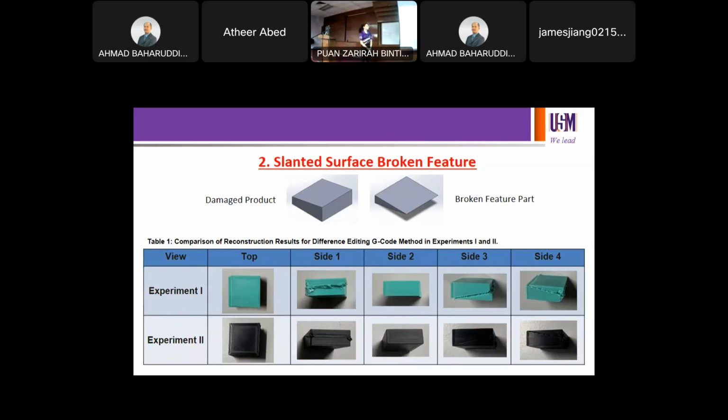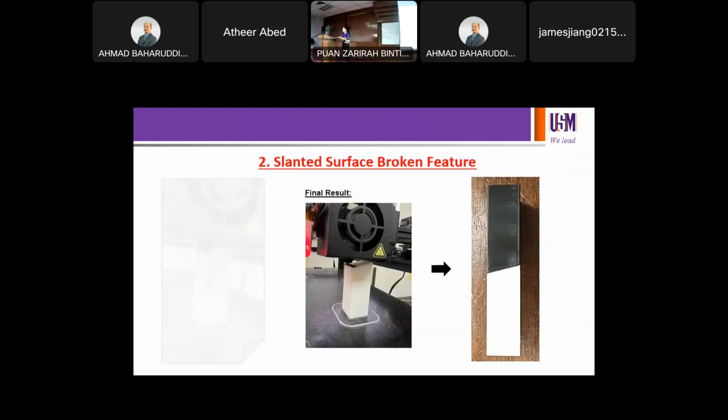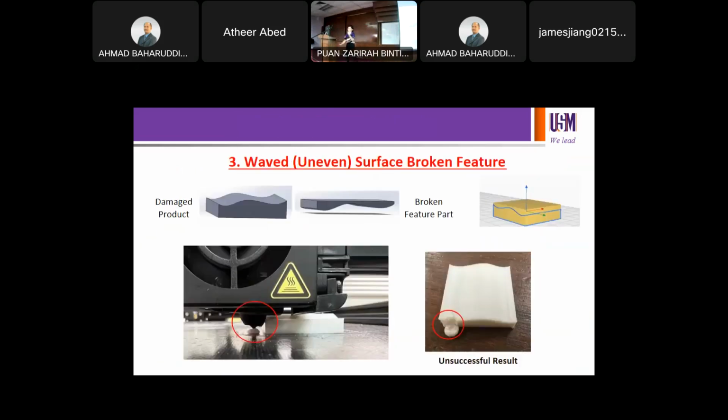And for the editing, I already tried many types of patterns to edit the G-code. In this experiment one, if you know how to use the Ultimaker Cura software, you know that the problem feature part is here. This is just an example.